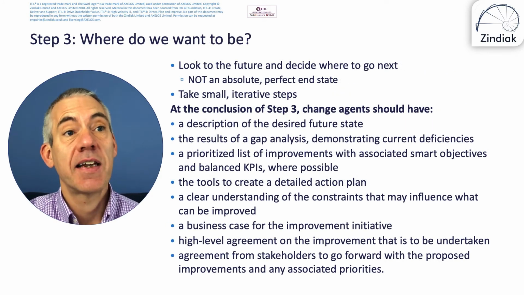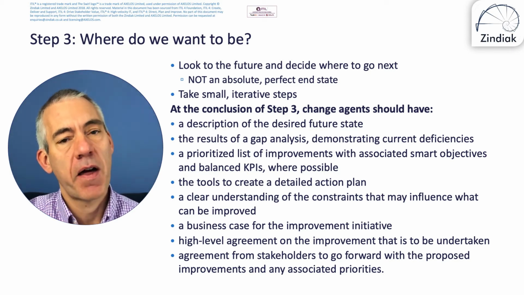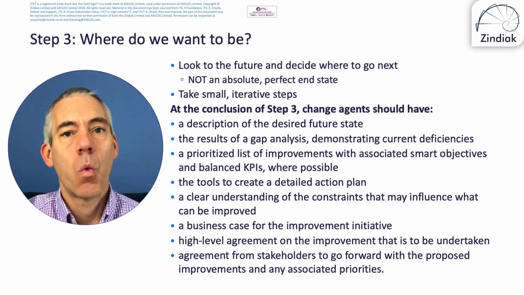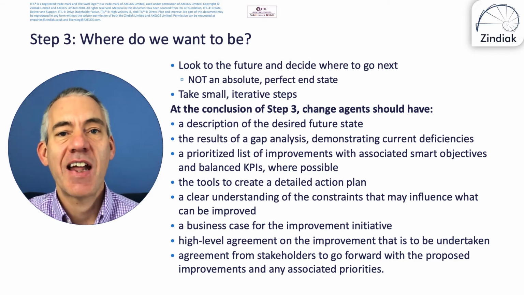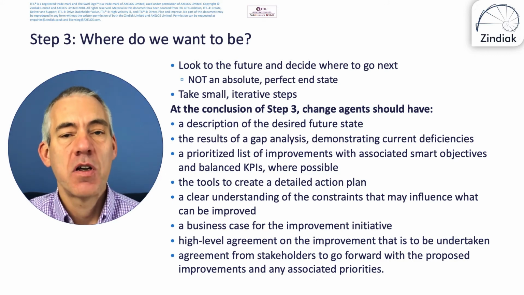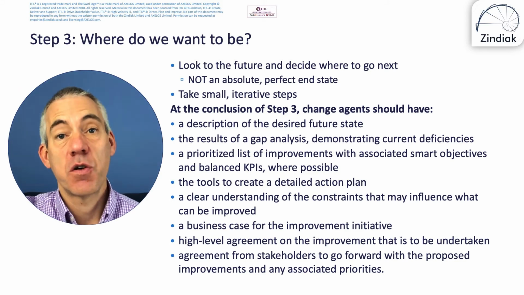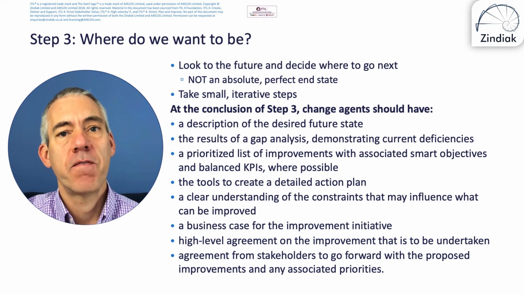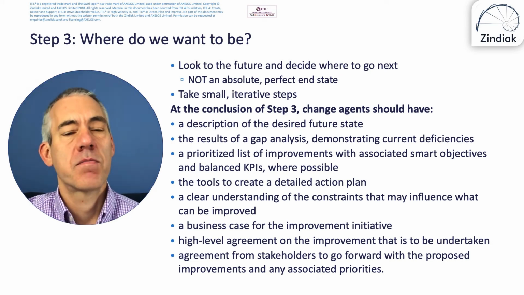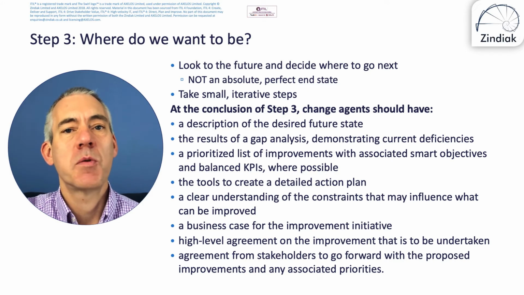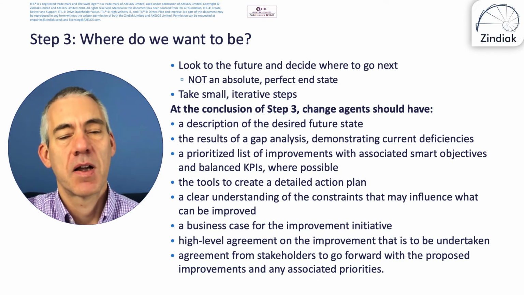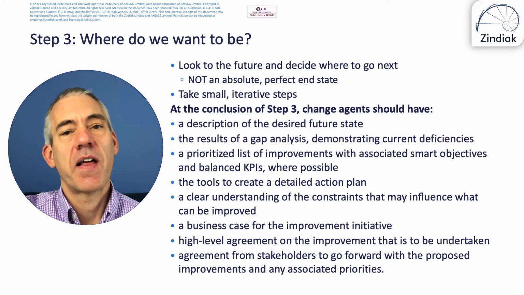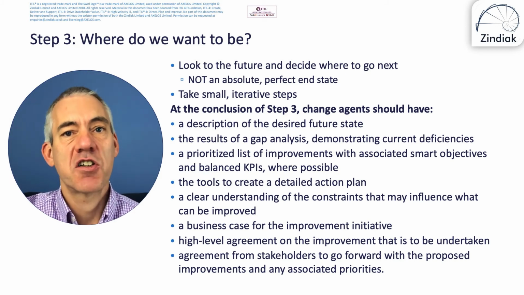The important thing about where we want to be is where do we want to be at the end of the next step. So it's not the vision. We've got the vision already, the vision for the improvement. Typically the way this would work is the vision might be where we want to be in a year's time. And that's quite several iterations, several little improvements.